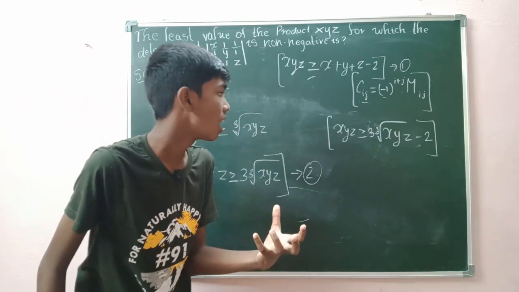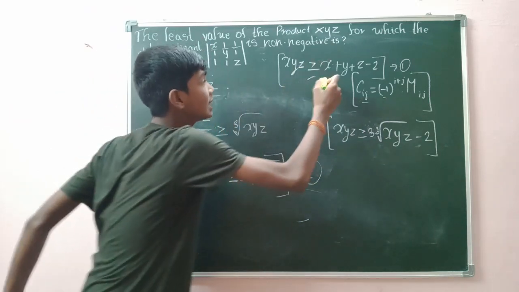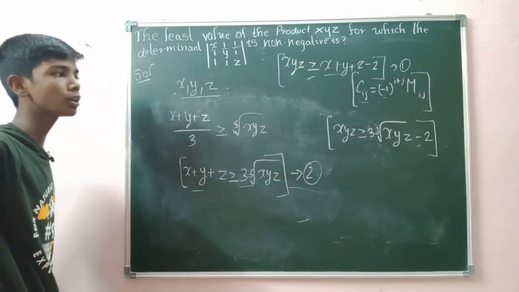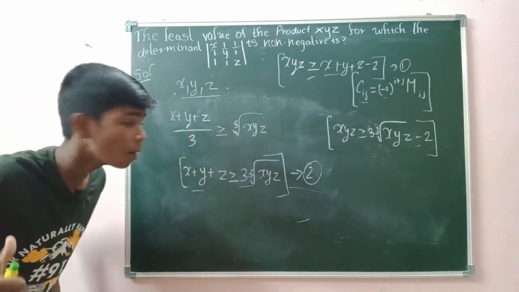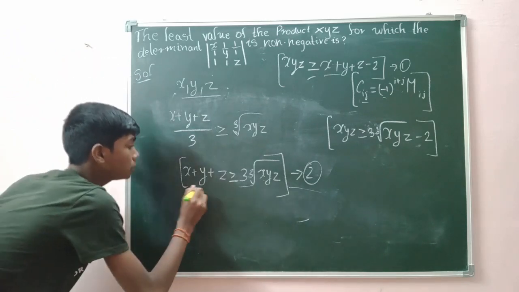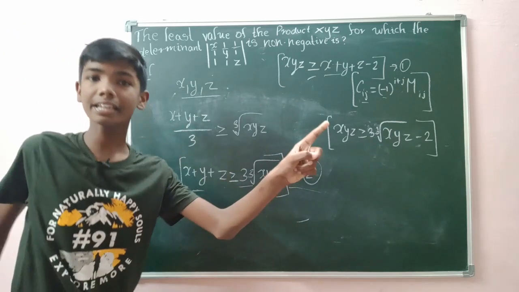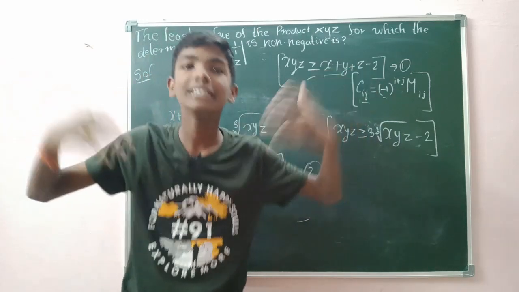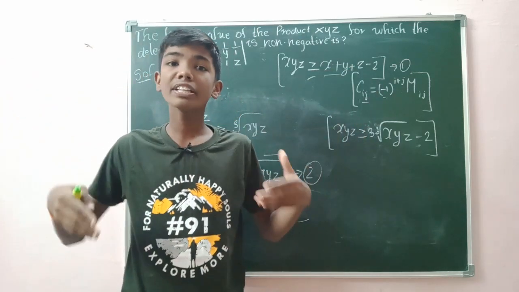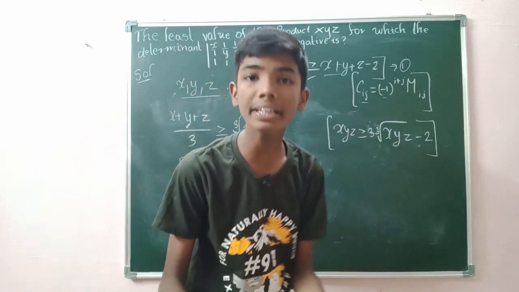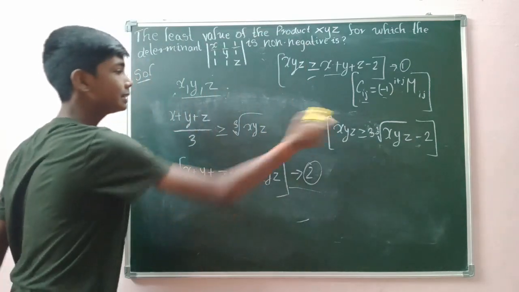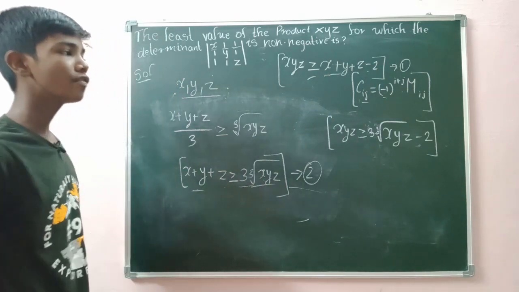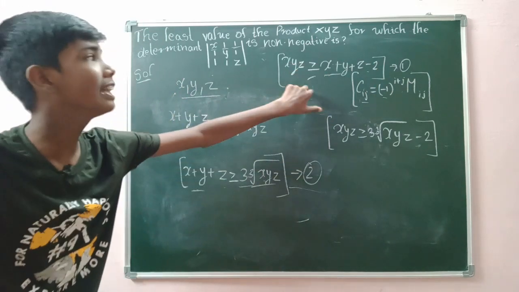That means, of course, I can replace this x plus y plus z with 3 times the cube root of xyz. How? Because your x plus y plus z is always greater than or equal to it. Therefore, I am having the liberty to replace this x plus y plus z with 3 times the cube root of xyz. Okay, I am just comparing equation 1 and 2.